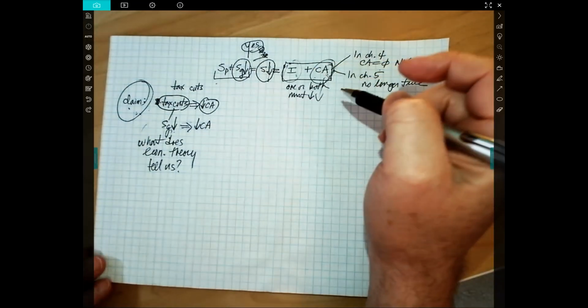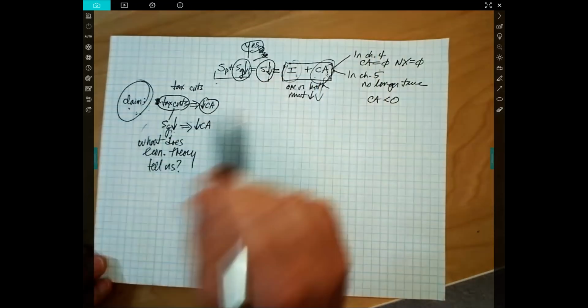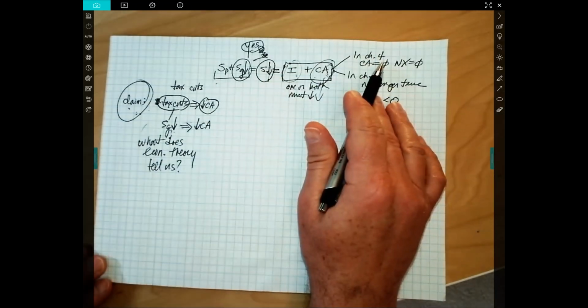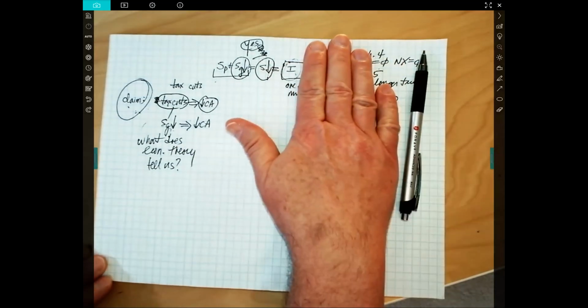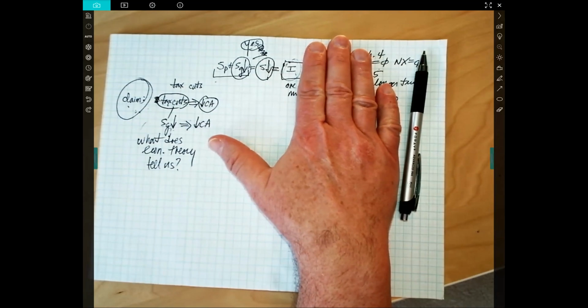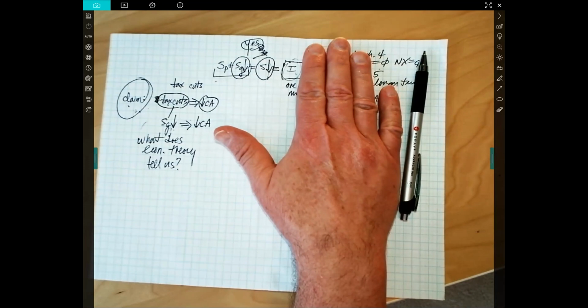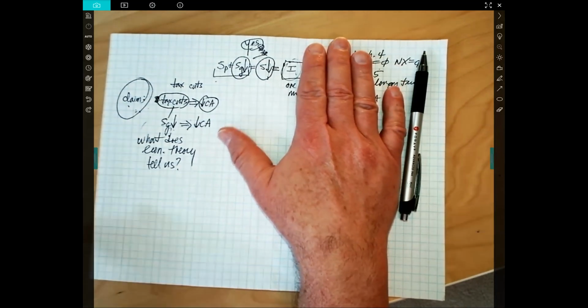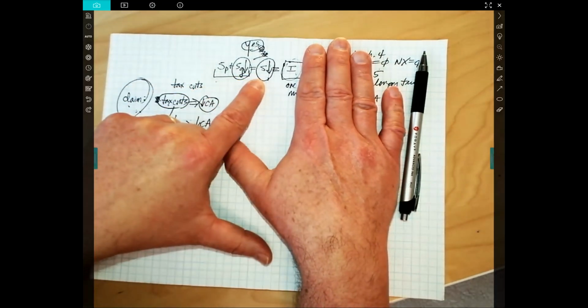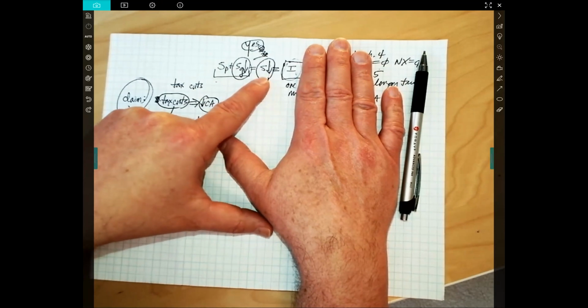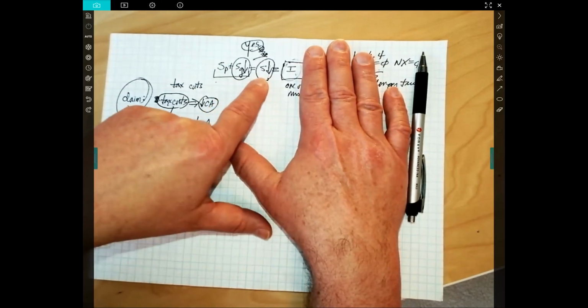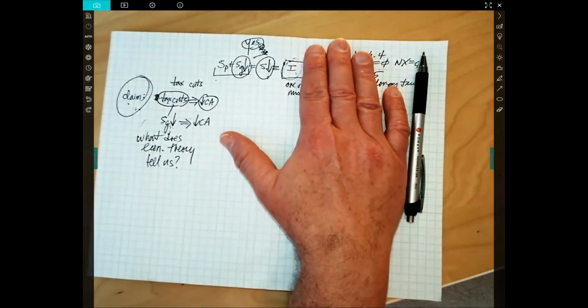So in this case, in chapter 4, what was true? There was no CA. So if we were in chapter 4, what could we say about the impact of bigger tax cuts? The bigger tax cuts lead to a reduction in government saving, national saving, and the full amount of that impact has to be on investment, right?